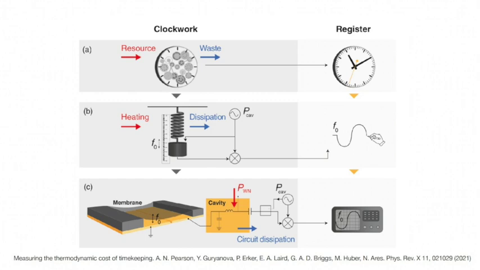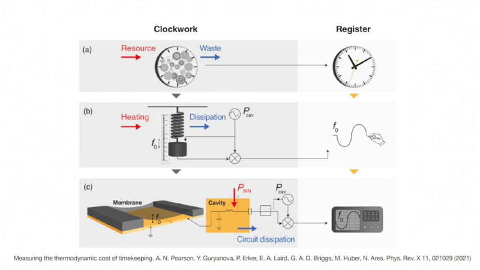So then the membrane will start to oscillate, and these oscillations can be read out by this tank circuit, where they show up as oscillations of the voltage, because depending on the position of the membrane, the capacitance of the system changes.